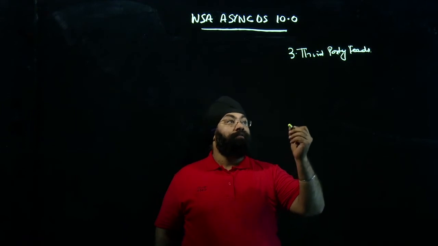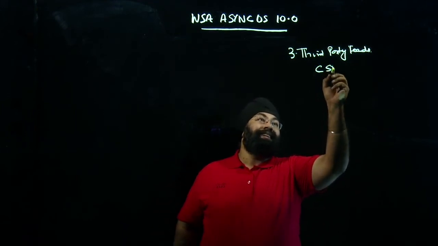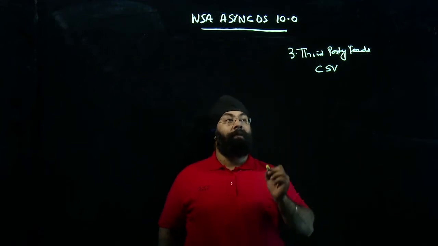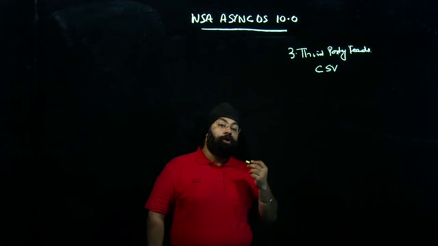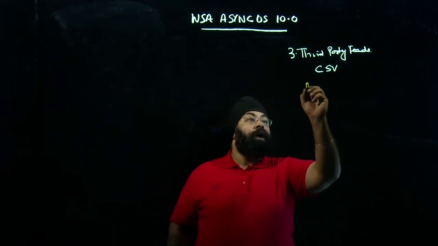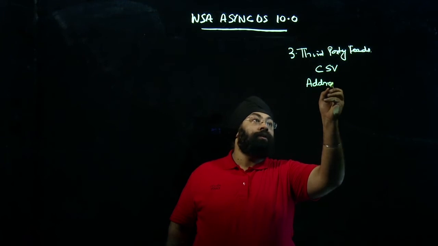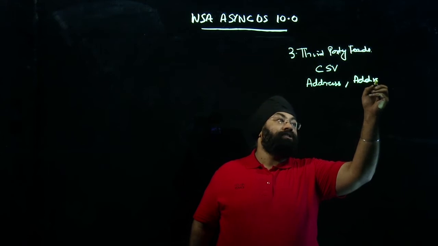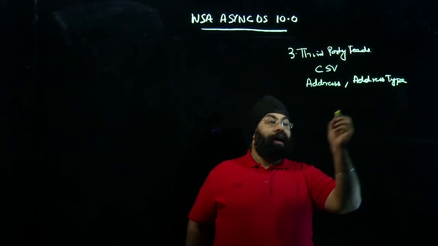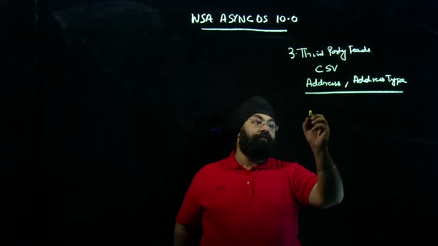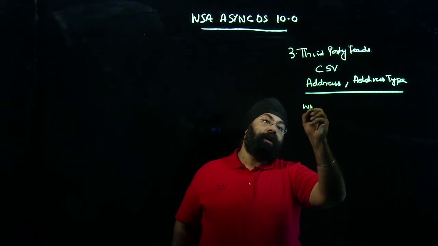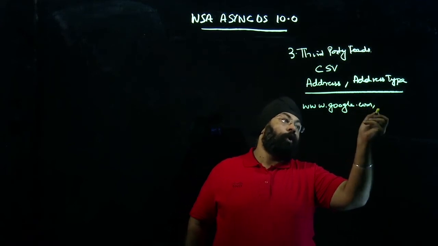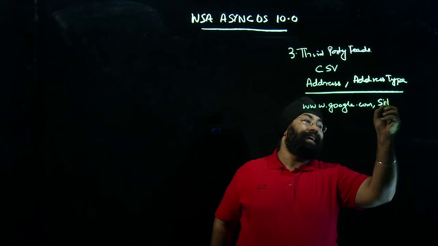When we look at third-party feeds, first of all, you want to make sure that it's in a CSV format. And when we look at the CSV format, we follow a specific format which we get from our custom URL categorization itself, where you need to have an address, which can be an IP address, and along with that, you also need to have an address type. So an address, for example, would be google.com. That would be your domain itself, and along with that, you would mention that it's supposed to be a site.